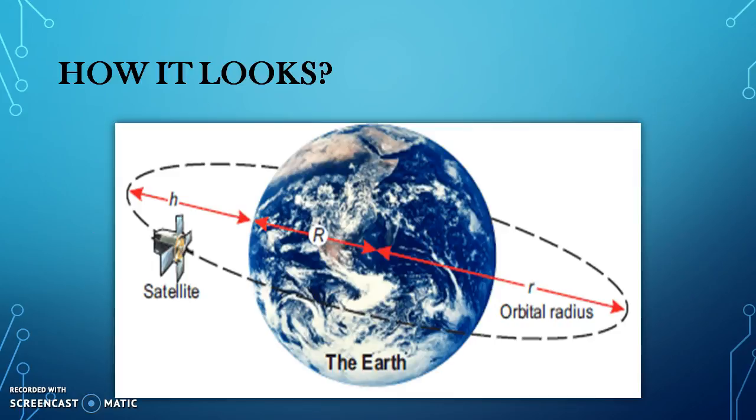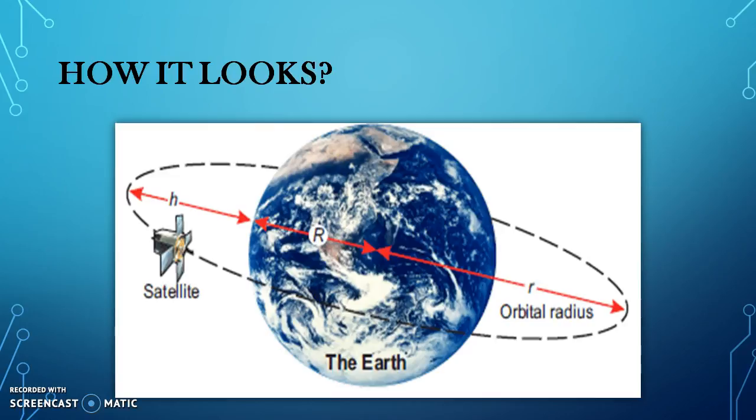Next, how it looks. These pictures give you some information on what an orbit is and how the satellites are revolving around the planet. The lines which denote the orbit are the path. The path can have different shapes: one is circular and another is elliptical. From the center of the earth to the outline of the orbit gives a distance called the orbital radius.